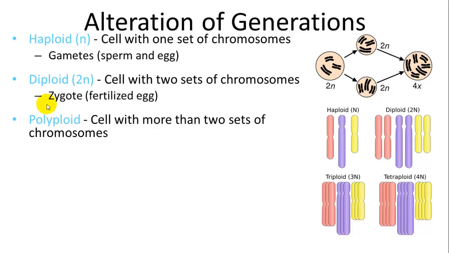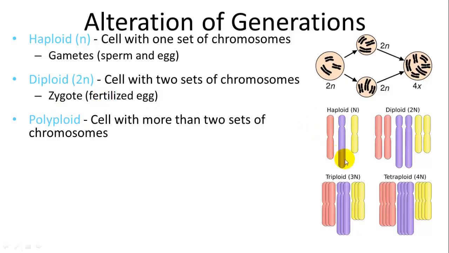There are some events in plants, especially, where the chromosomes don't separate properly, and they will create diploid sperm and egg cells, and then they will create polyploid zygotes.